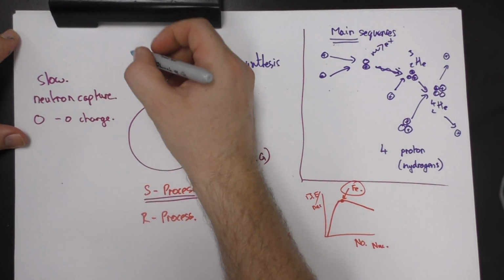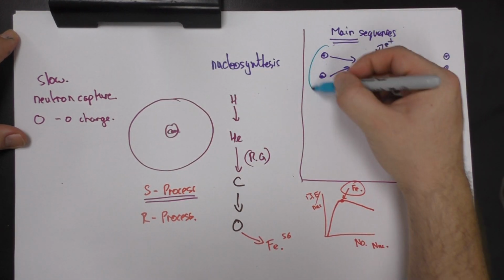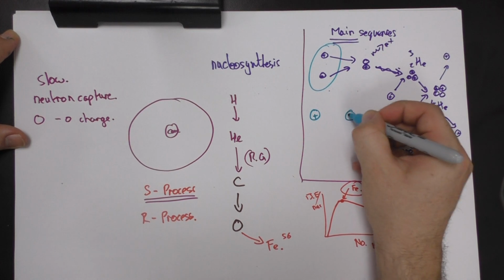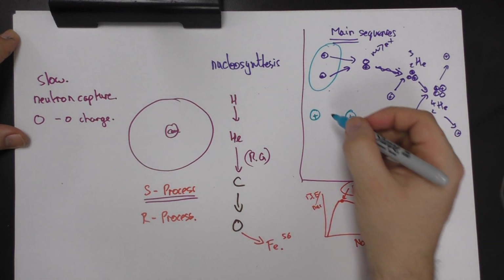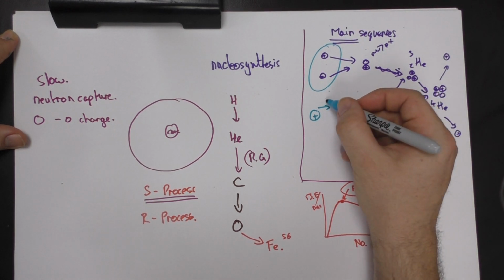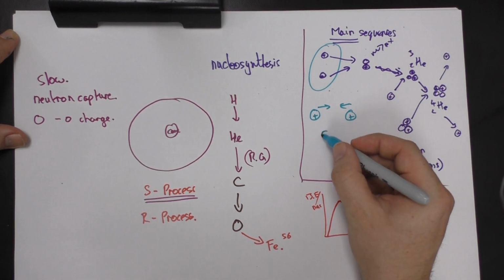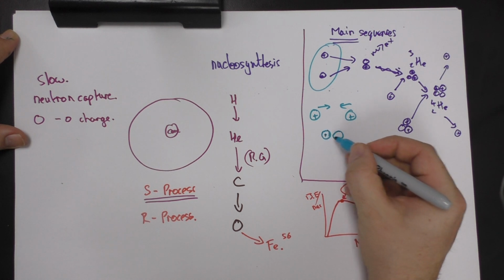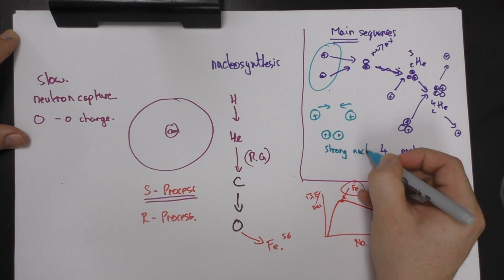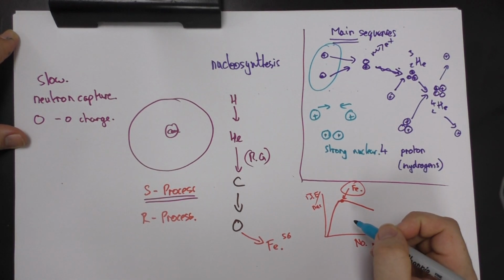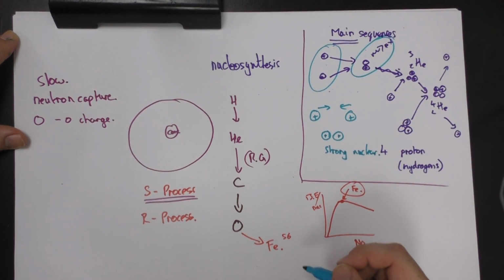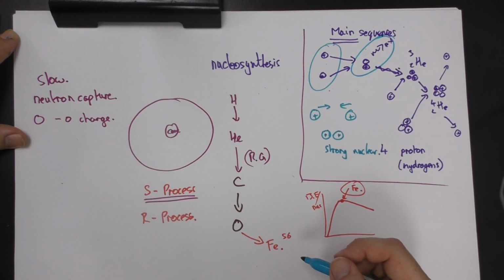Because if we go up here and think about this relationship here, it is two protons or two hydrogens that are having to come together against that electrostatic repulsion. And once electrostatic repulsion is overcome, they get close enough, then the strong nuclear force can take over, and they join together and we get this process right here.